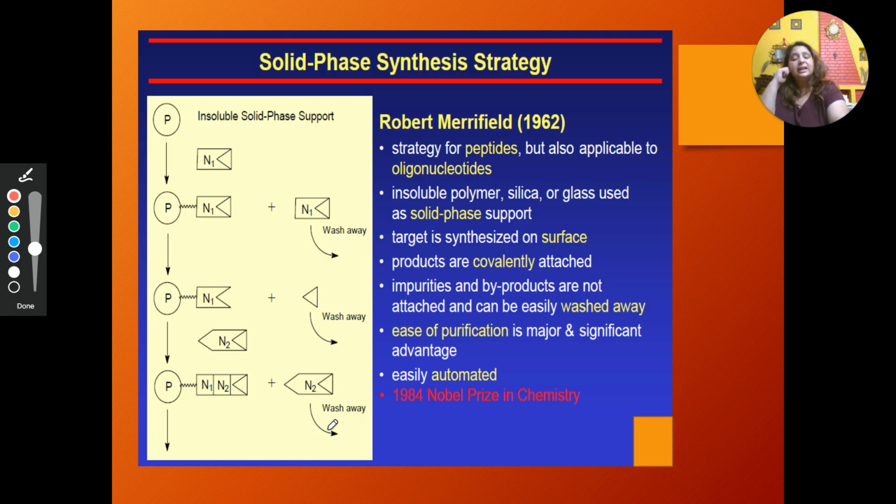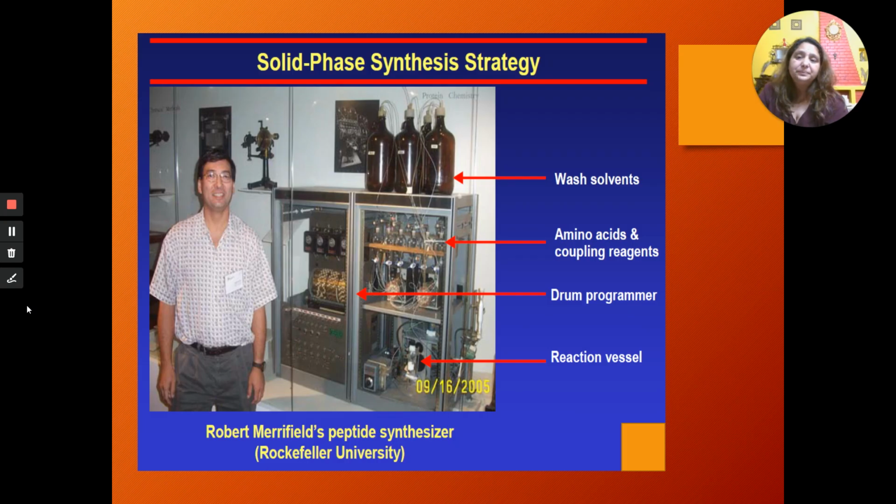For this, in 1984, the Nobel Prize was given to Robert Merrifield for designing this solid phase synthesis strategy. The advantage of this process is that purification is very easy and it can be easily automated. So that is a very clear advantage of this method.